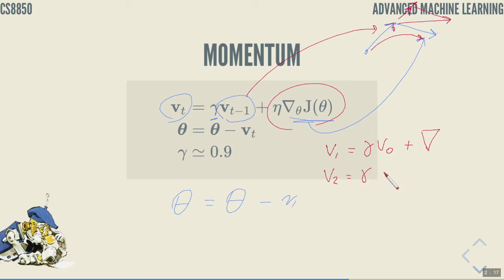Oh, wait, but this is nothing but lambda squared V0 plus lambda gradient 1, plus gradient 2. But then V3 is nothing but, let's plug in V2.